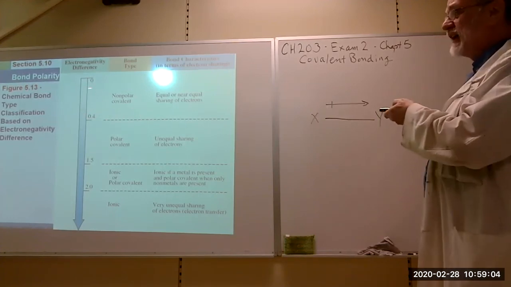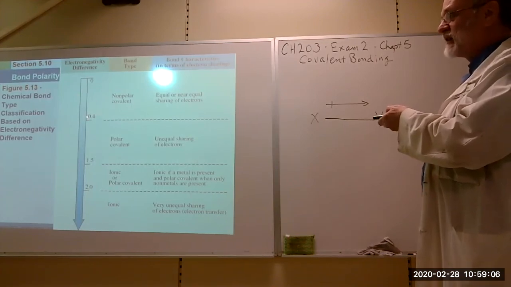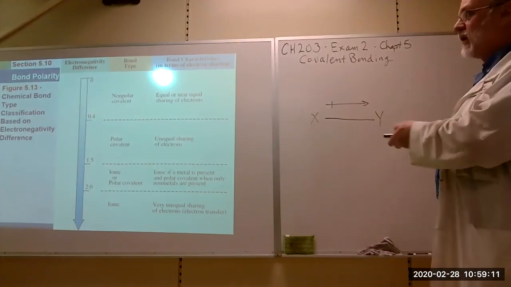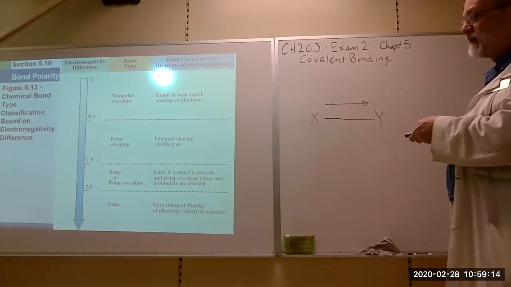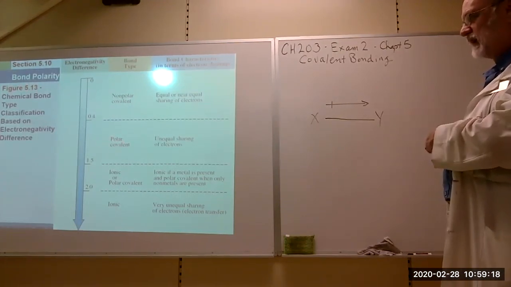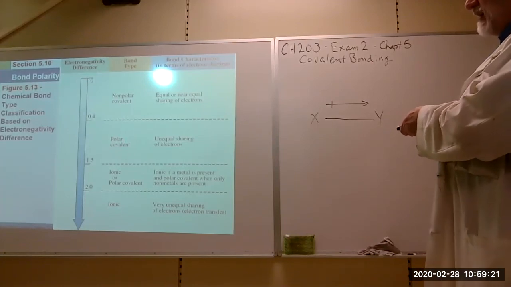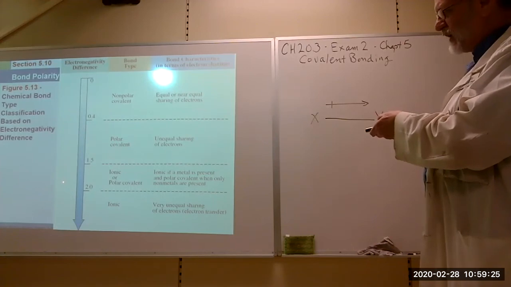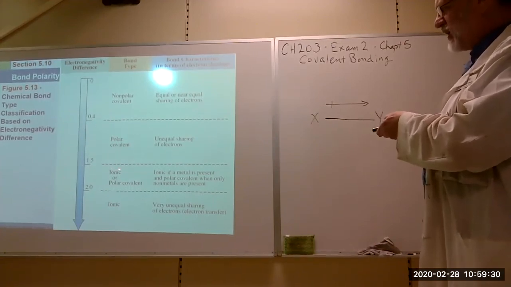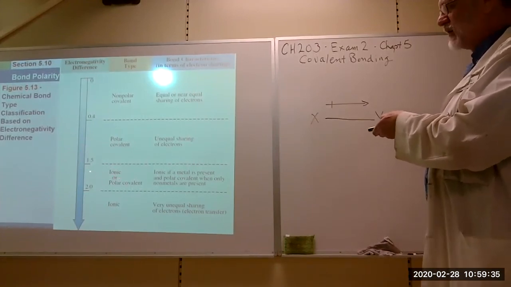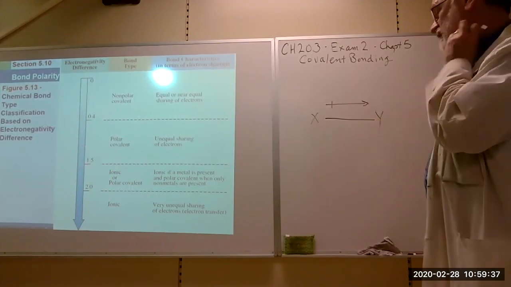So you can have two different elements bound together, and if the difference in their electronegativities is 0.4 or less, we call it nonpolar covalent. Actually, between 0.4 and 2, you can get polar covalent. But there is potential for a significant ionic character above 1.5.